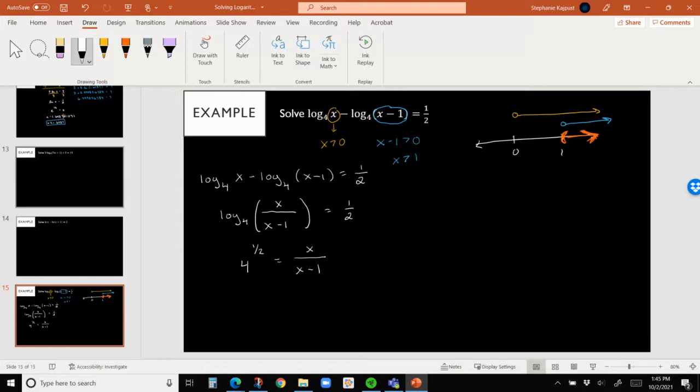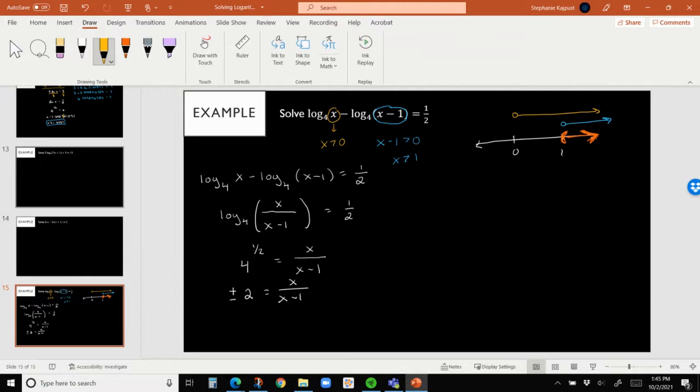And remember when you're solving it, you have things with x involved. You're solving and you take a square root, you get a plus or minus answer. So we're really getting plus or minus the square root of 4, which is 2, equals x over x minus 1. So we've kind of got two equations now that we have to solve. Because when you're solving and you take the square root, you get a positive and a negative version.